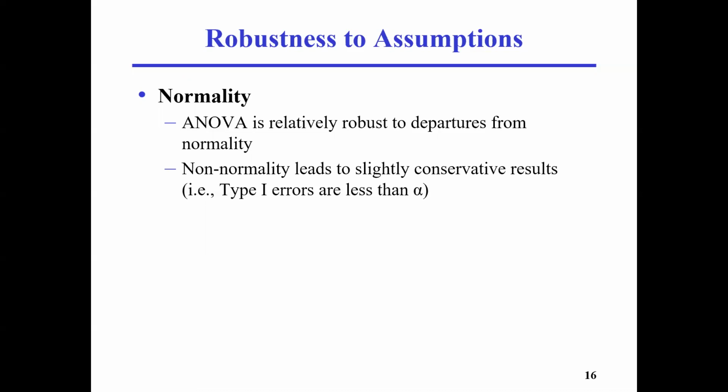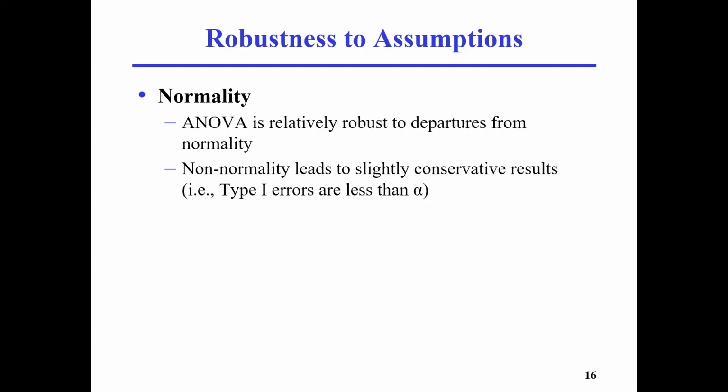So if, for example, my samples are partially not meeting one of those assumptions, is the result of ANOVA sensitive to this deviation from assumptions? So let's talk about that.